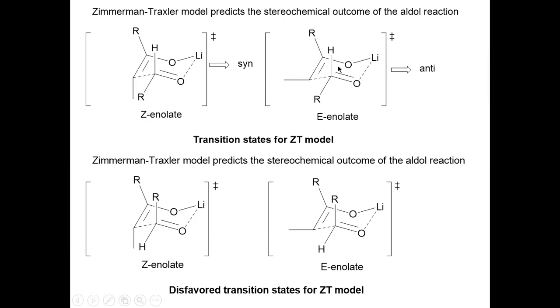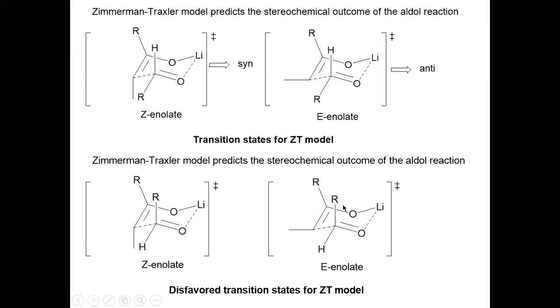Same thing here for the anti, right? This is an E enolate that's fixed, but the approach of your aldehyde isn't, right? So the hydrogen is going to prefer to be here where this R group is. And then the disfavored model for the E is here, right? Where the two R groups are on the same side. All right.